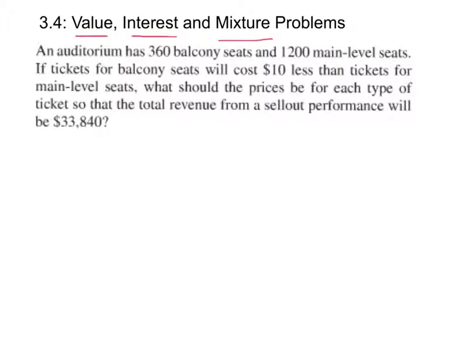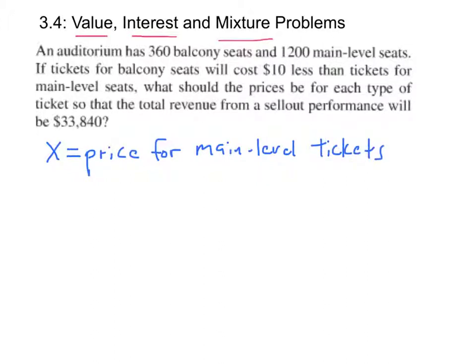So we'll let X be the price for one kind of ticket and Y be the price of the other. So let's let X be the price for main level tickets, and we'll let Y represent the price for balcony tickets.